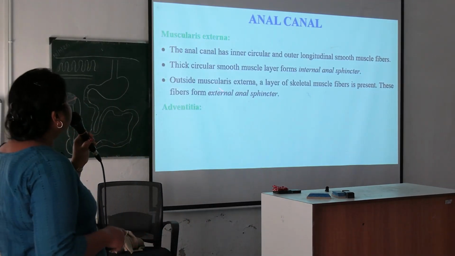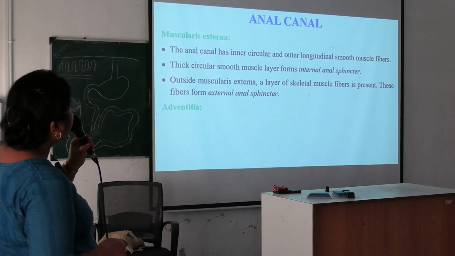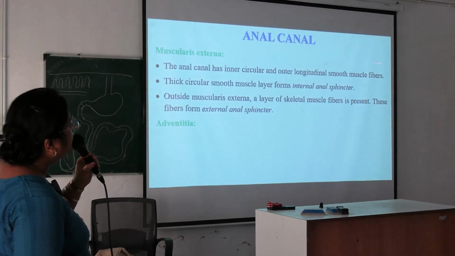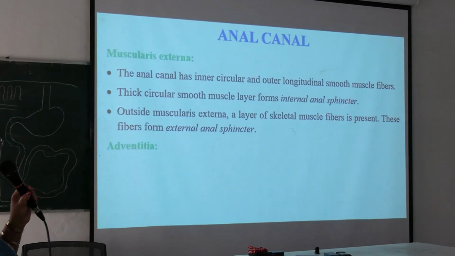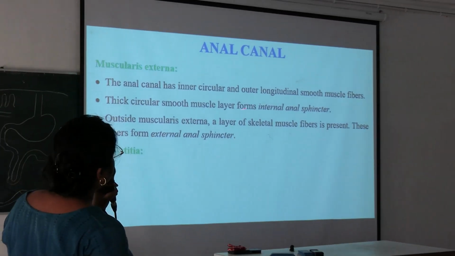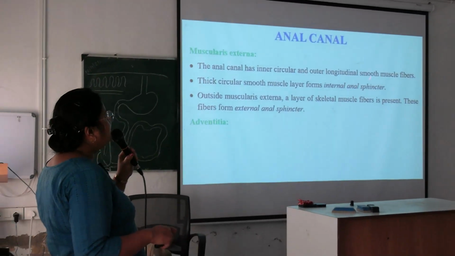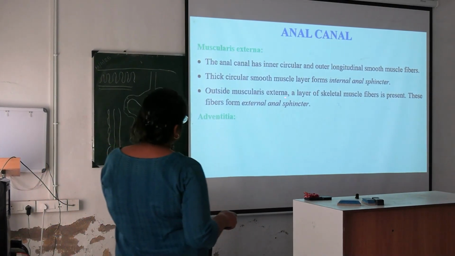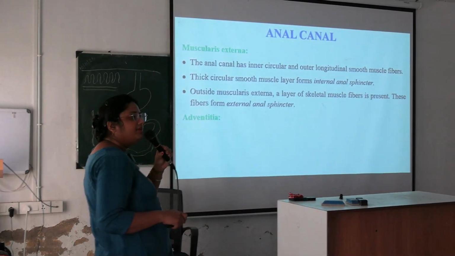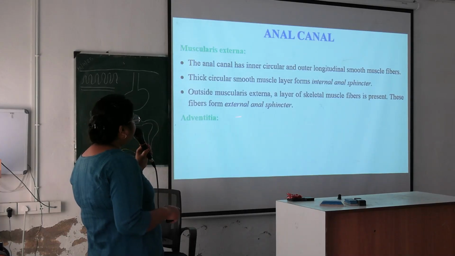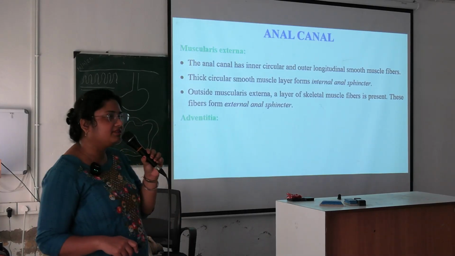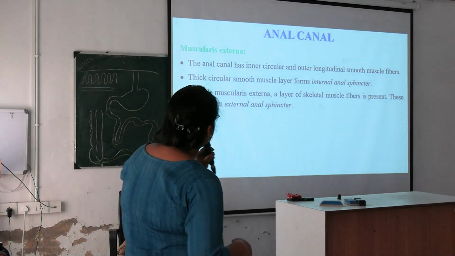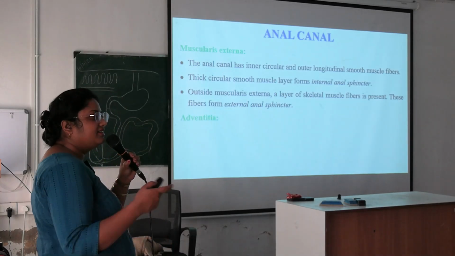Next we are going to muscularis externa. The anal canal has inner circular and outer longitudinal smooth muscle fibers. The thick circular smooth muscle layer forms the internal anal sphincter, and outside the muscularis externa a layer of skeletal muscle fiber is present, and these fibers form the external anal sphincter. Okay, understood?